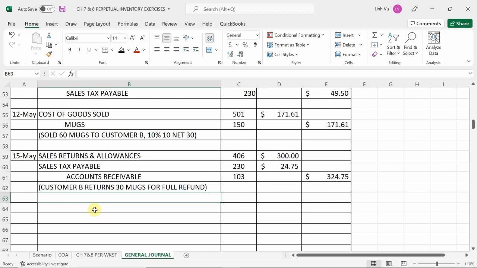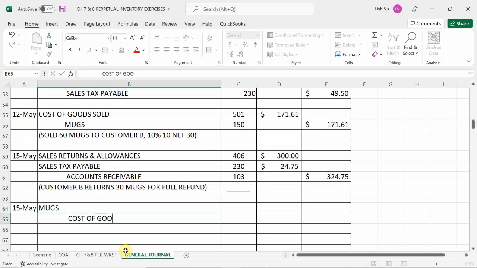I didn't sell them in the first place, so I need to reverse the cost of goods sold and revert the items back into inventory. So what I'm going to recognize is that the customer returned the product back to me, I need to put the product back into my inventory for mugs and I need to undo the cost of goods sold.